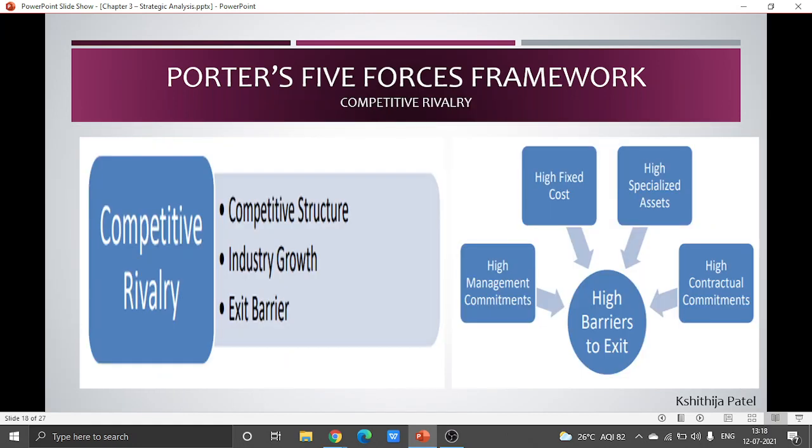Then the next one that we can speak of within Porter's five forces model is competitive rivalry. When the firms in the industry exhibit a high level of rivalry, the profitability of the industry may be very severely affected.